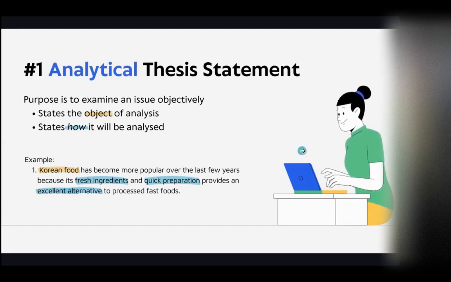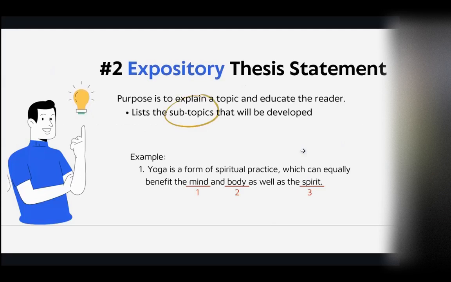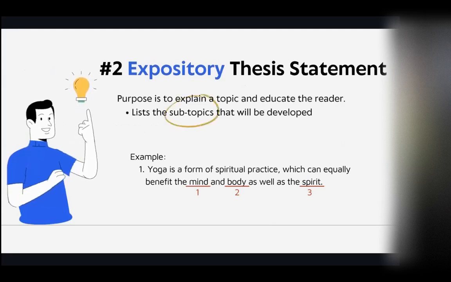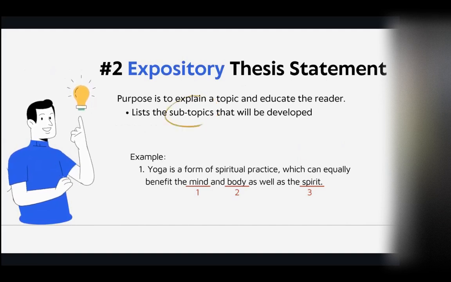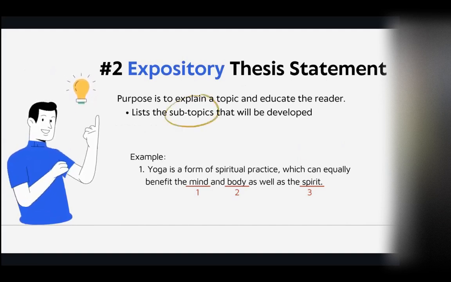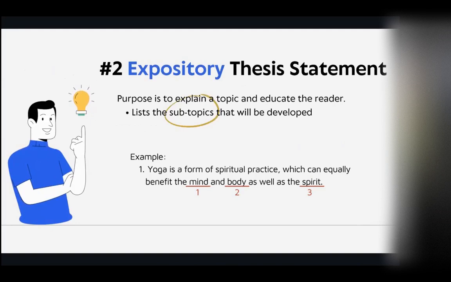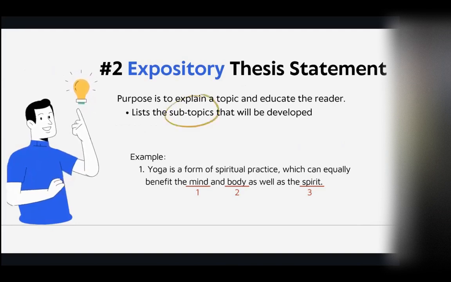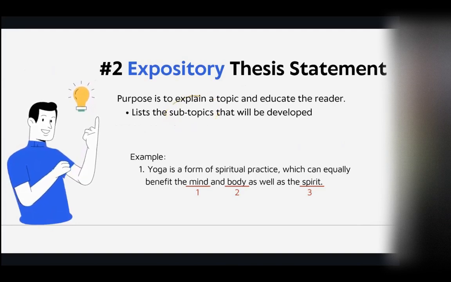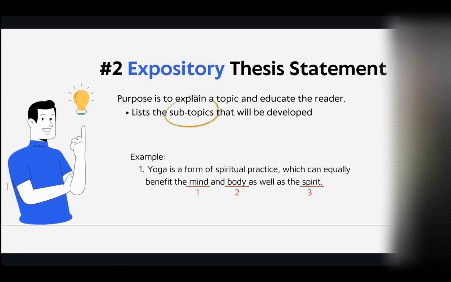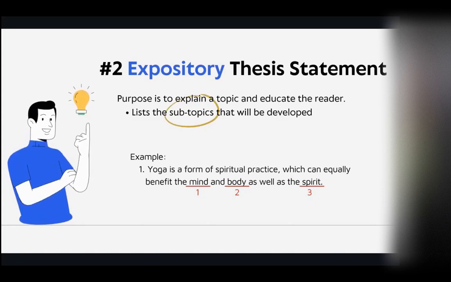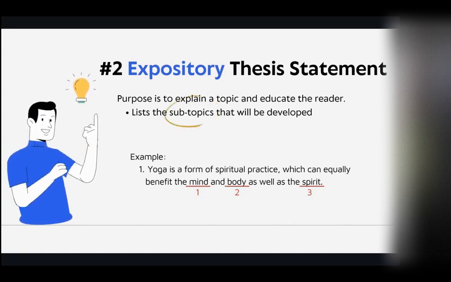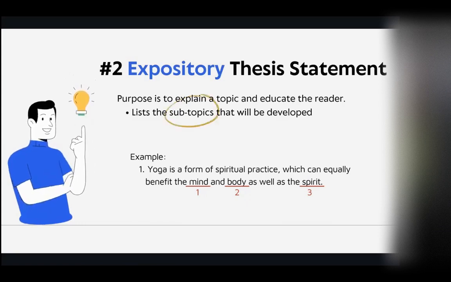Okay. And then the second type of thesis statement that we usually come across is the expository thesis statement. What an expository essay is about, the point is to explain a topic and educate the reader regarding this topic, basically. And in that kind of thesis statement, you have to list the subtopics that will be developed, that you will be explaining about.